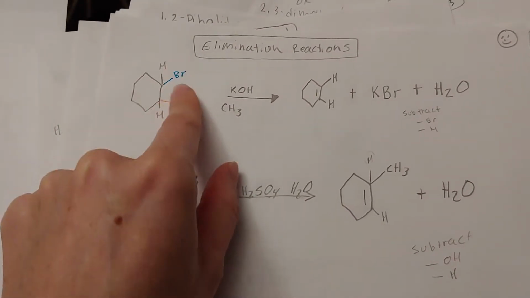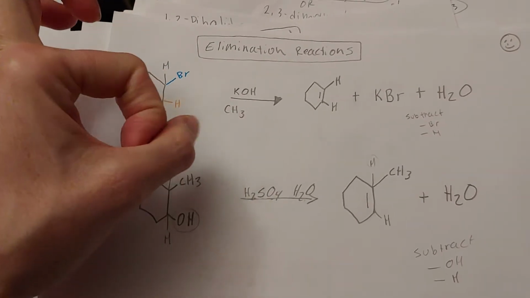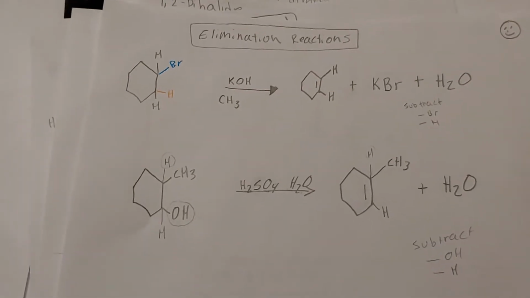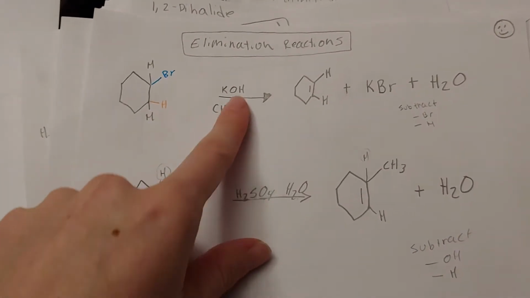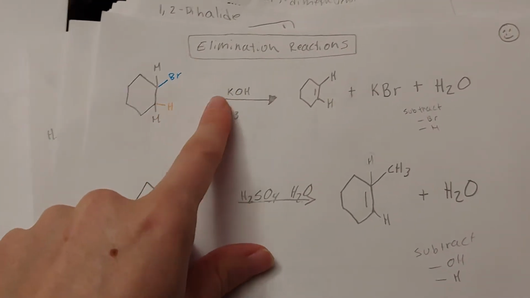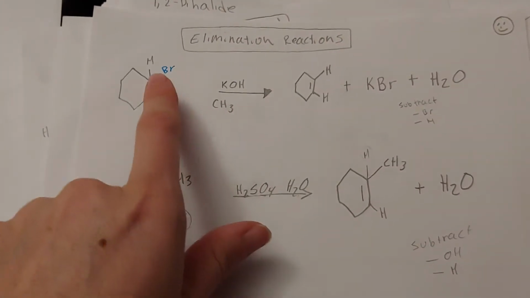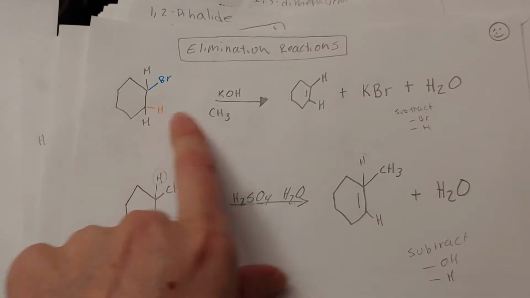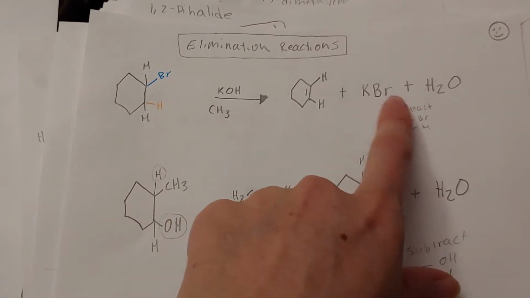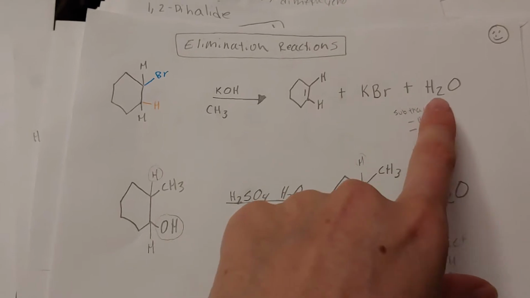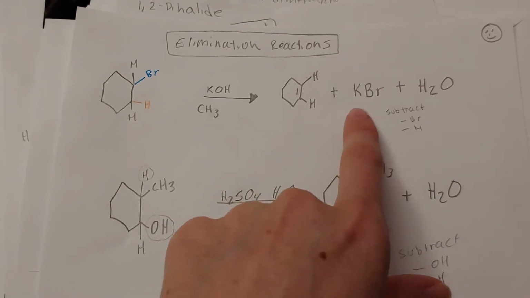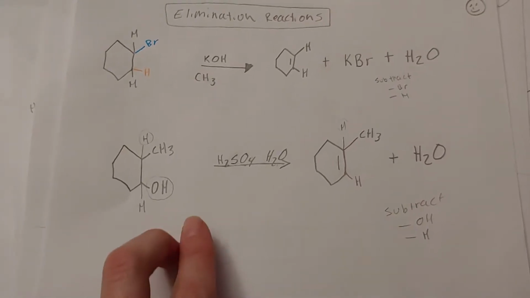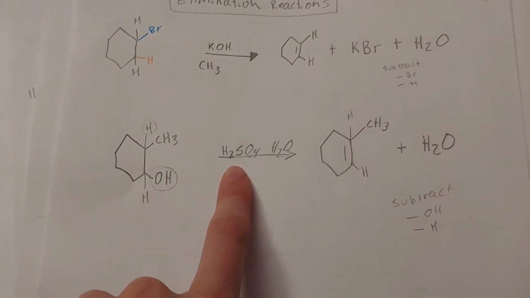When you take it away, you close yourself off, and you'll add another bond. So with this type of reaction, it's always two things. So it's Br and H. KBr, H2O.